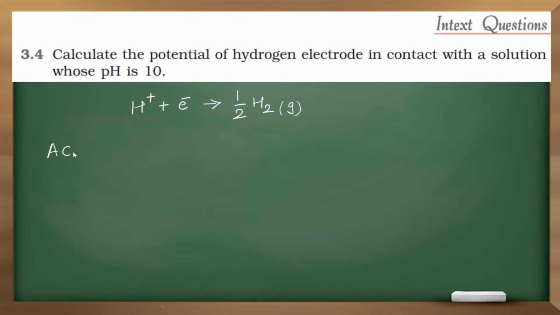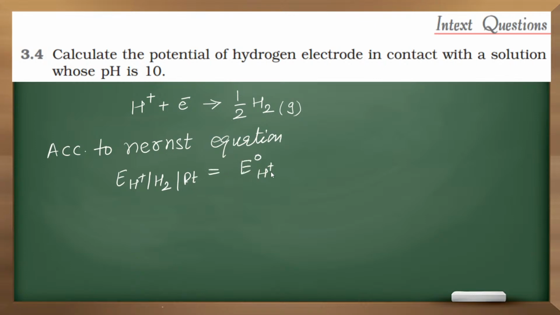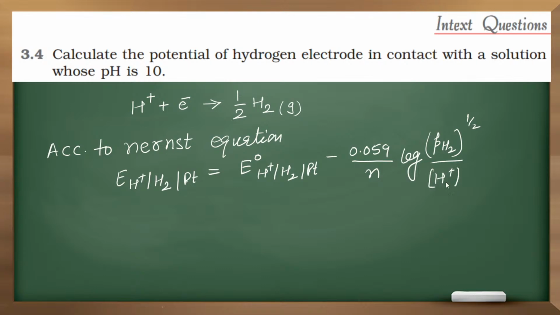So according to the Nernst equation, E H+ H2 Pt is equal to E naught H+ H2 Pt minus 0.059 over n log of product over reactant.